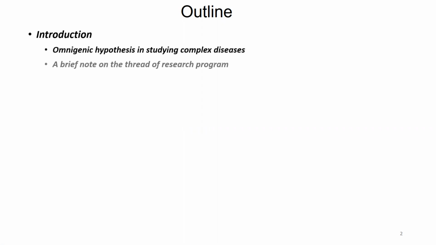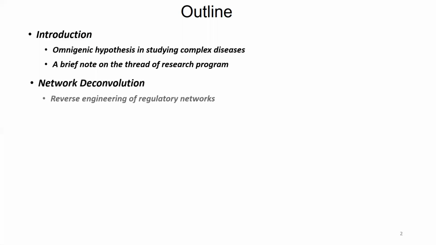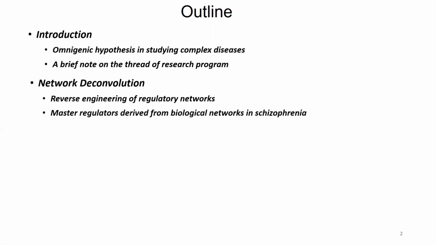Now, going over the outline of my talk today, first I'll be going over quickly the omnigenic hypothesis in studying complex disorders. And then I will briefly discuss the thread of research programs that I'm going to be talking about today. Then I will go over the first part of my talk, which is about network deconvolution and also how to derive master regulators from biological networks with a specific case of schizophrenia.